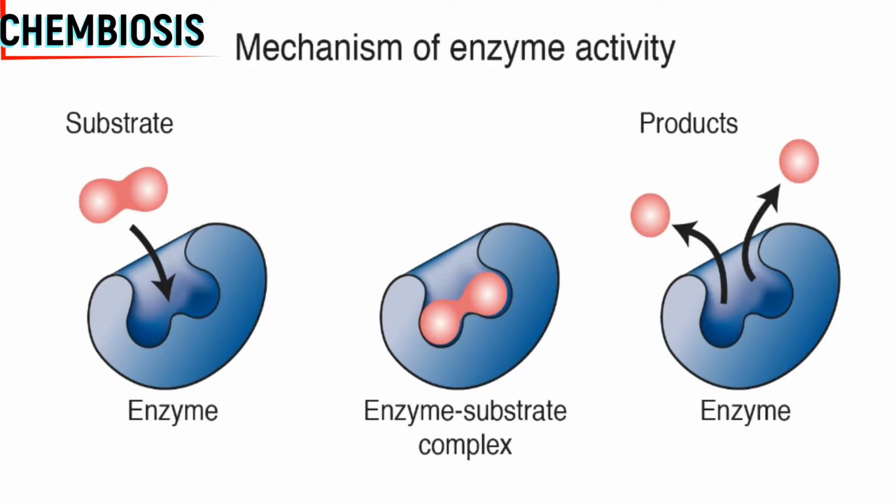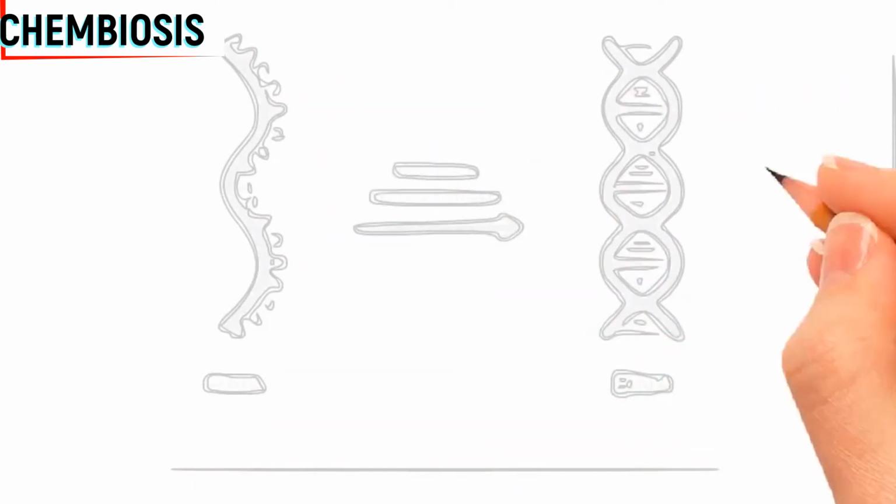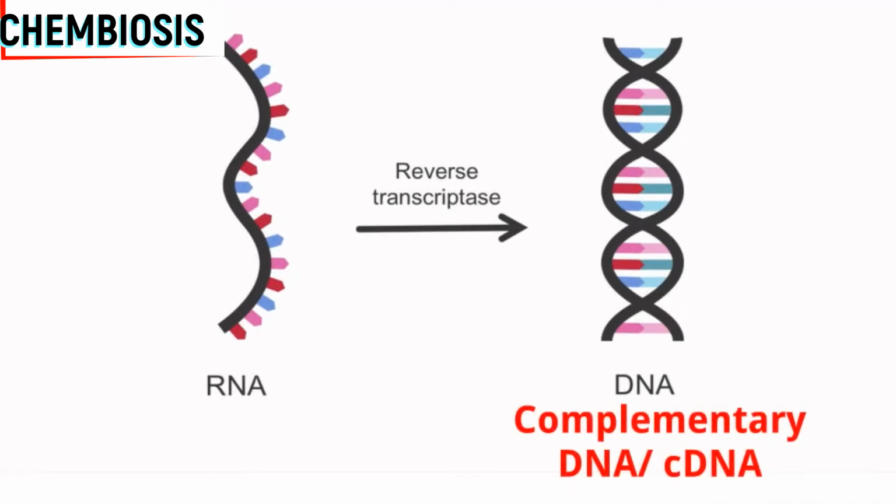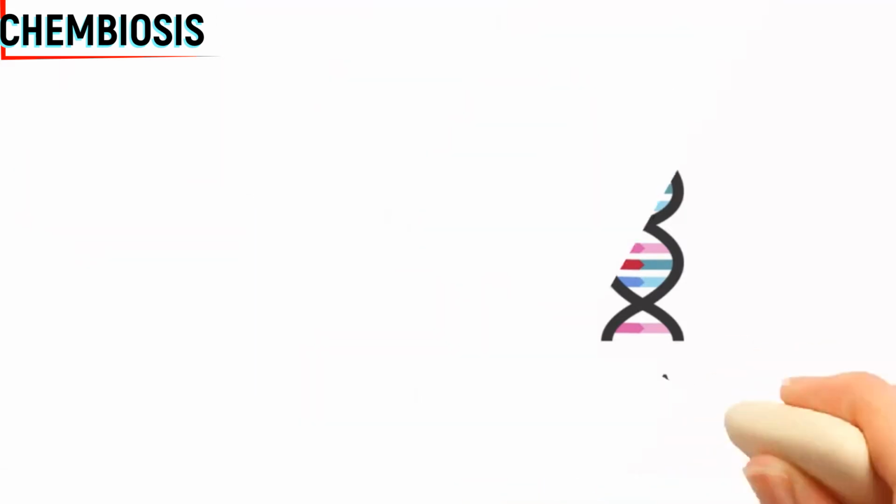So by virtue of the reverse transcriptase enzyme, all the RNA present in the sample specimen is converted into DNA, and these DNAs are called complementary DNA or cDNA. The sequence of the nitrogen bases present in this DNA is complementary to the sequence of the parent RNA. That's why it is called complementary DNA or cDNA.